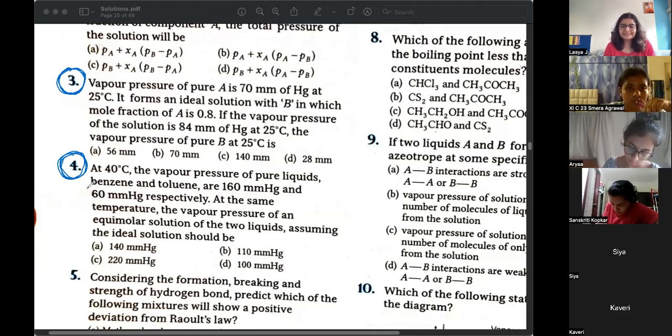Okay, so these are the main types of questions you'll get on Raoult's law. Kaveri, that is the answer to question 3, right? Yes, ma'am, that is correct. So question 4 is extremely easy. Once you figure out what an equimolar solution is, you get it.